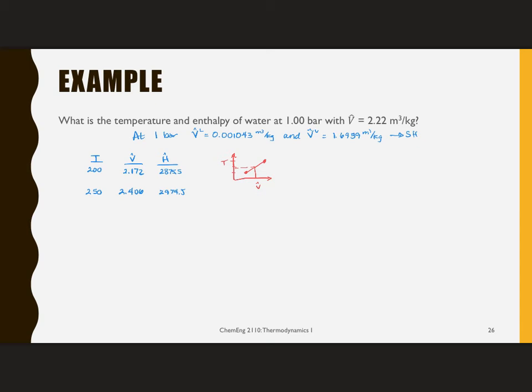Now, if you know how to do this in Excel using the forecast function, I highly recommend that you learn how to do that. It will save you a lot of pain later on, but we're just going to be fitting a straight line to this. This is called interpolation.